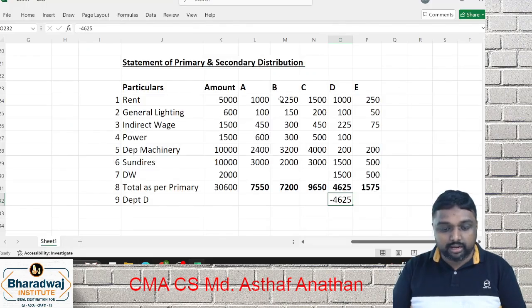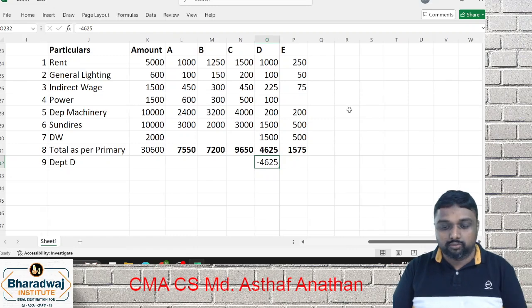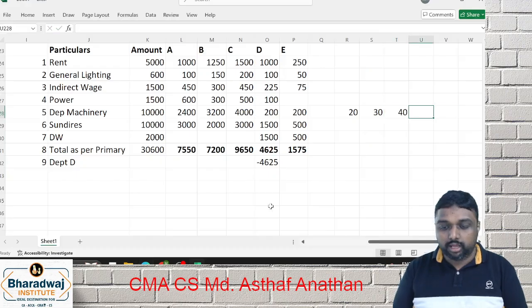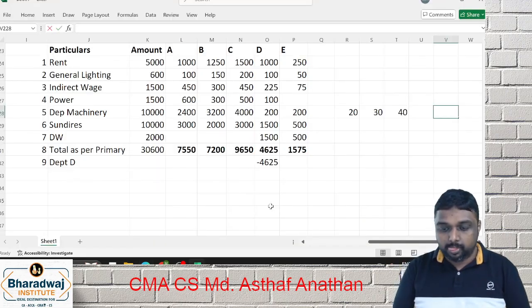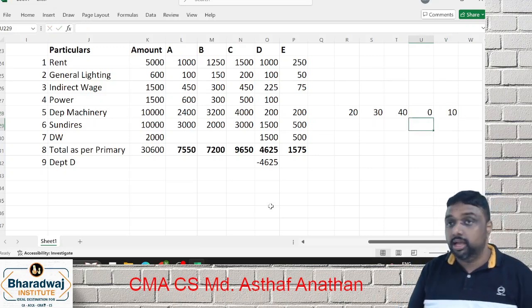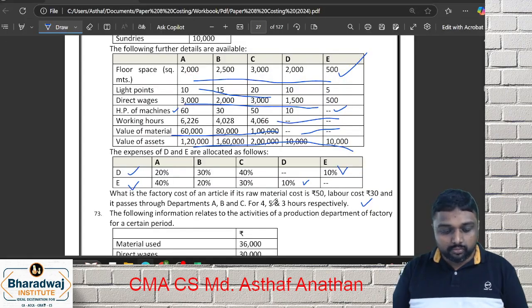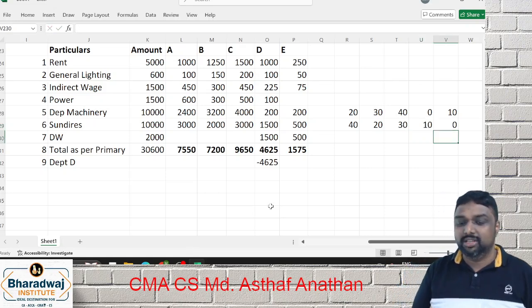In what ratio do you apportion this? I am just writing that ratio here. We have to apportion in the ratio of 20, 30, 40 and 10. Correct? Next department, it has to go 40, 20, 30, 10. Here 0. Here 0 means nothing, I am just doing a shortcut method.